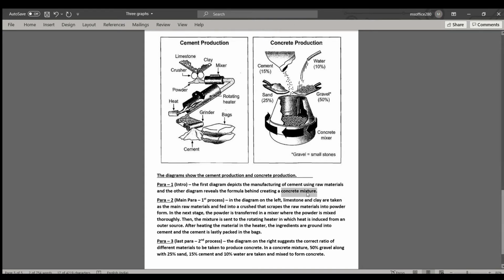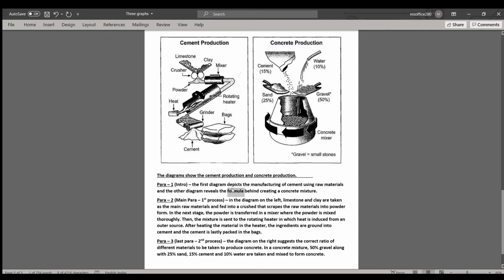The reason I have used the word mixture is that there are 4 different items in this, and the reason I've used the word formula is that there is a certain percentage of different ingredients needed to produce concrete.